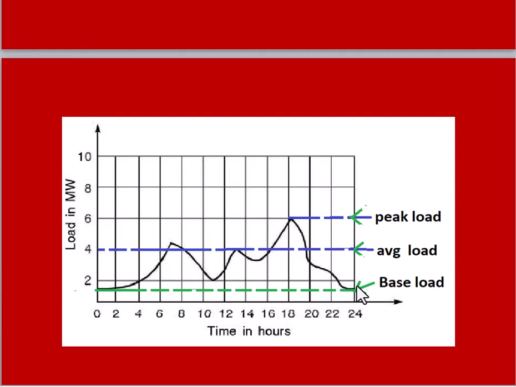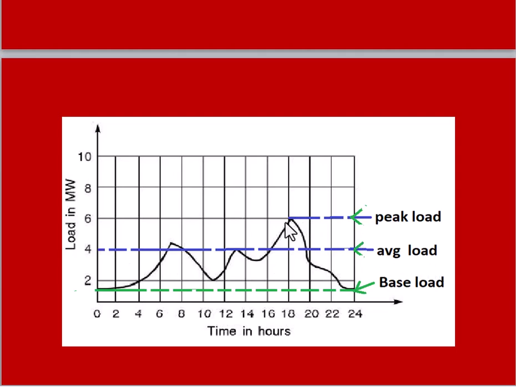In this curve, the y-axis represents the power in megawatts, whereas the x-axis represents the number of hours in a day, that is 24 hours. So for each hour, it can be observed what power is consumed by the consumers.